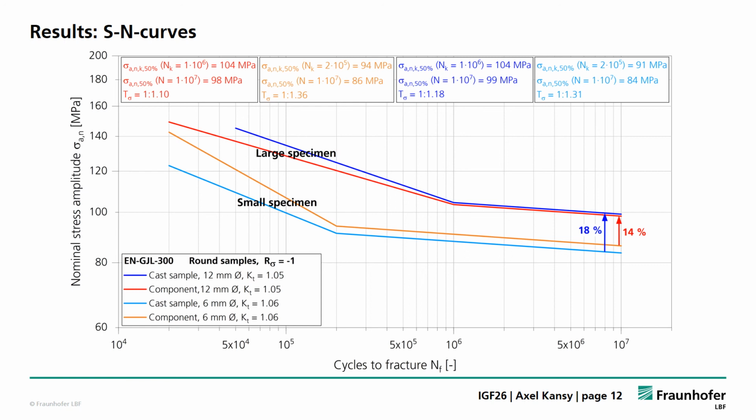And we see that the fatigue strength of the large specimens is higher compared to the fatigue strength of the small specimens. At 10 million cycles we see a 40% and 18% increased fatigue strength, 40% for the component and 18% for the cast samples.